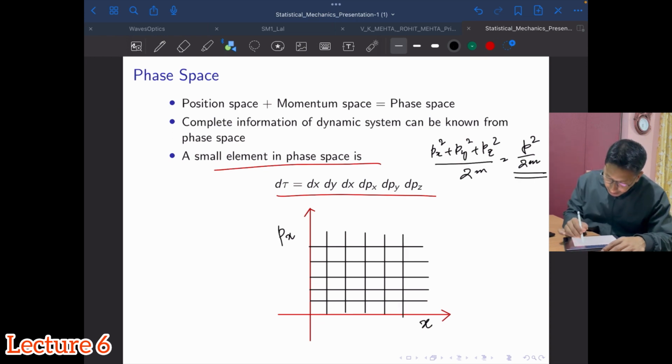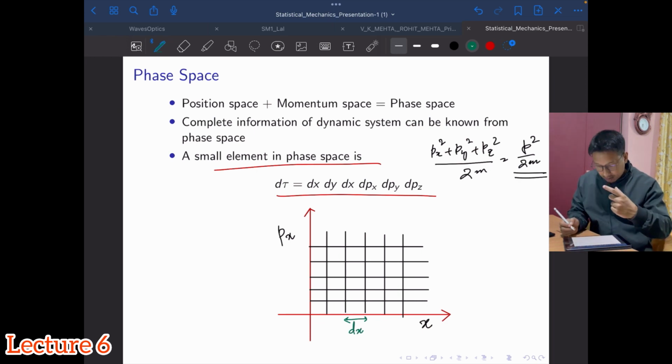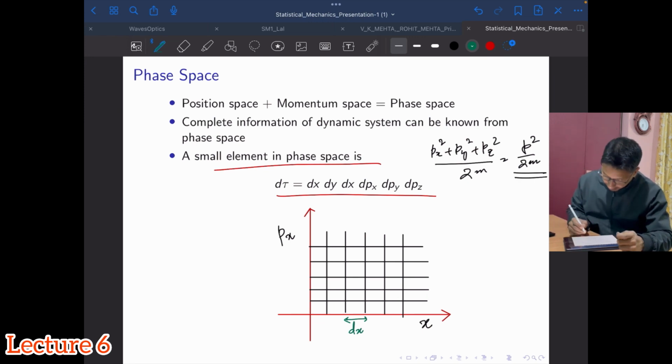I am exaggerating here, but let's say from here to here, this is dx, the infinitesimal distance along the x-axis. Similarly, let me consider this box, along the momentum I can have dpx.